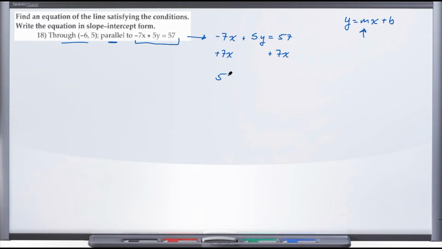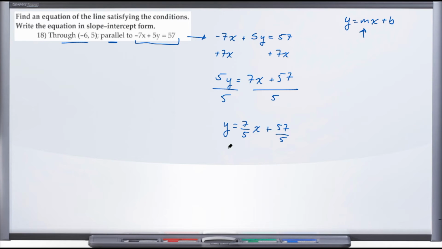And that's going to leave us with 5y equals 7x plus 57. Then to solve for y, we're going to divide by 5 on both sides, and that's going to leave us with y equals 7 over 5x plus 57 over 5.